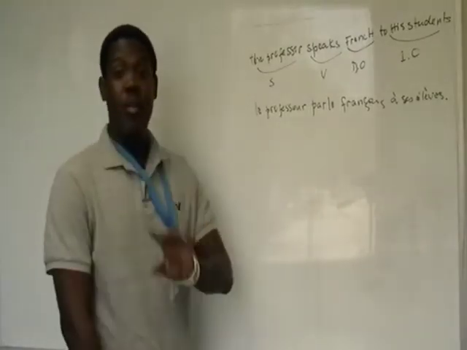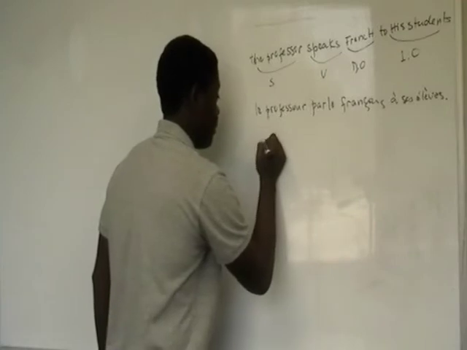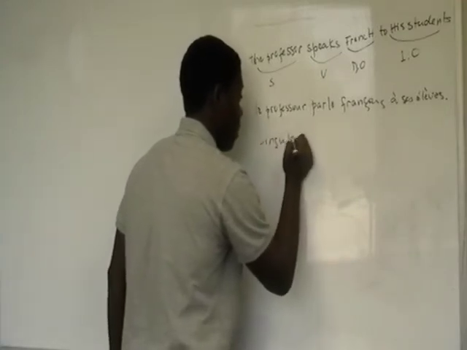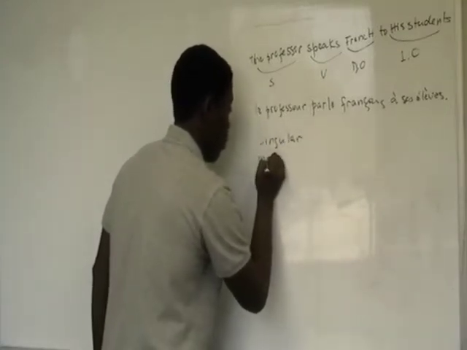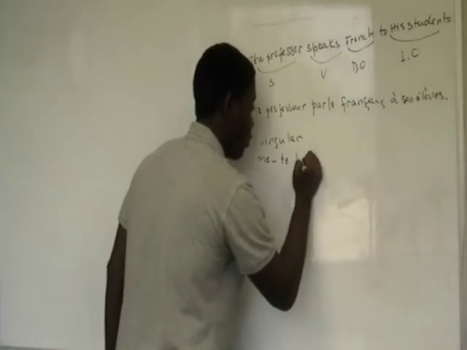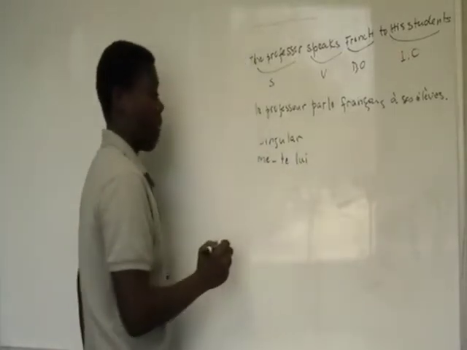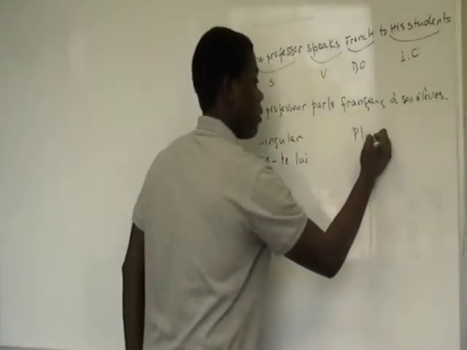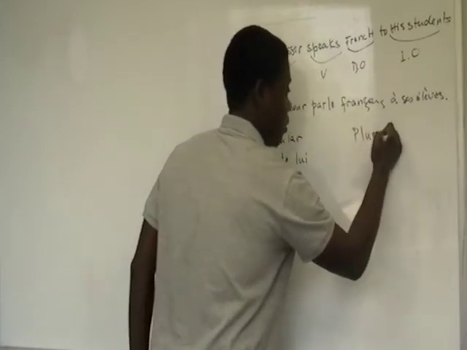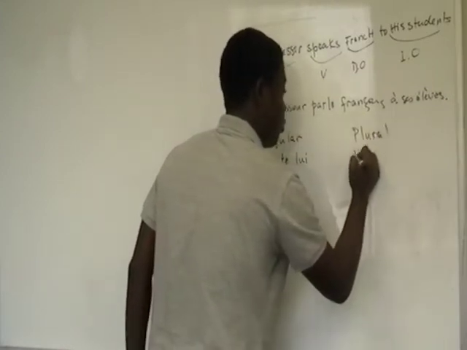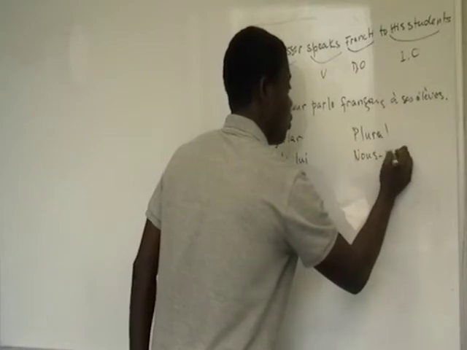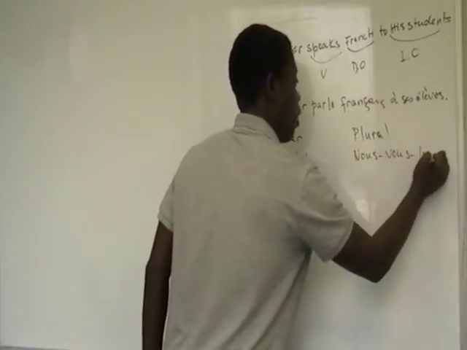Now, we have 6 of them in French. For singular, we use me, te, lui, and for plural, we use nous, vous, and leur.